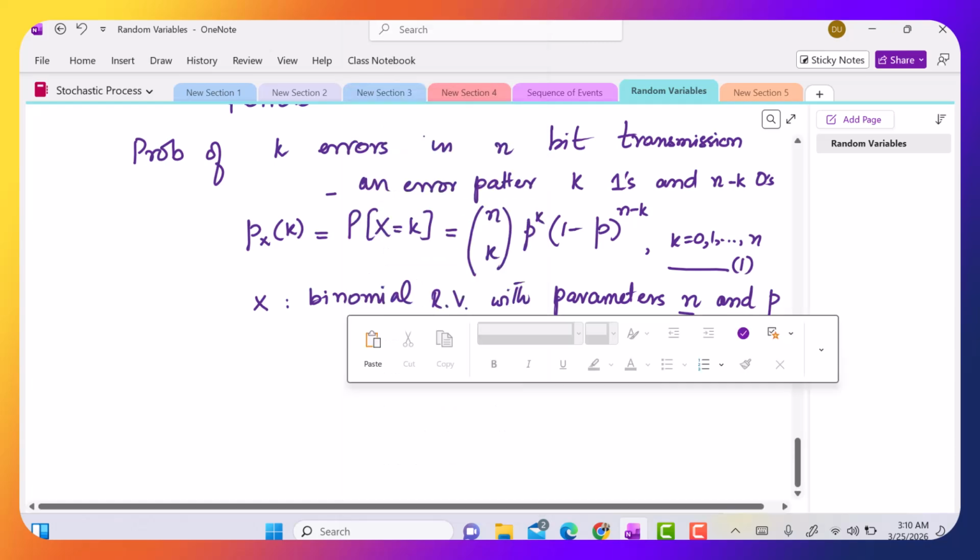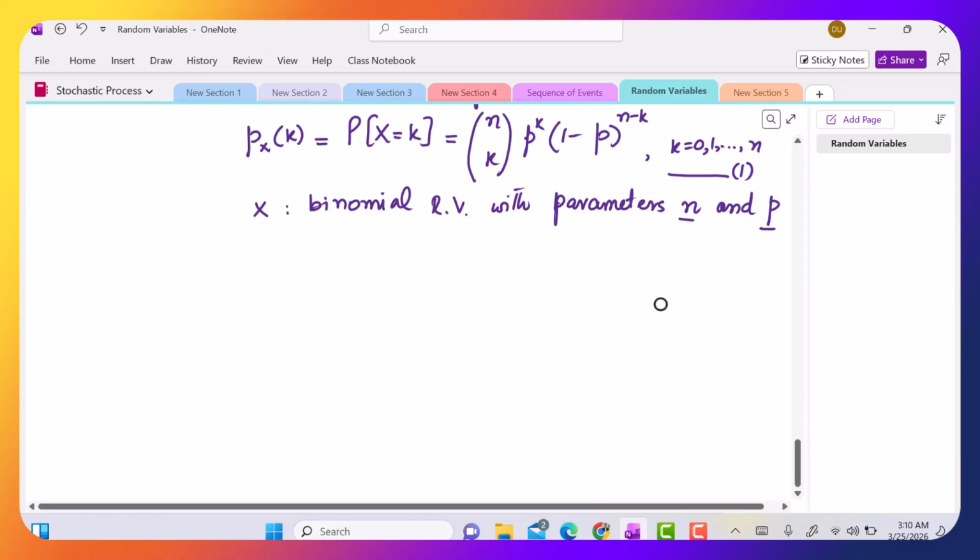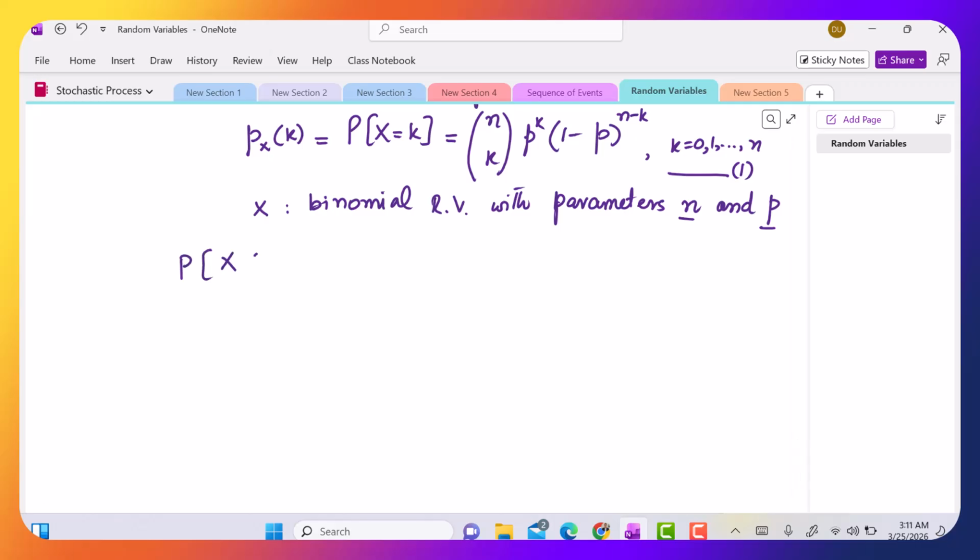Now the next part of the question is to find the probability that X is equal to or less than 1, which means either there is absolutely no error, in which case k is equal to 0, giving p raised to power 0 and 1 minus p raised to power n, plus k equal to 1, giving n times p raised to power 1 and 1 minus p raised to power n minus 1.